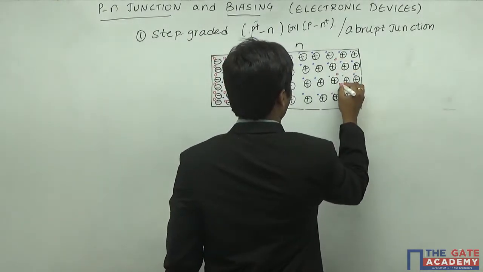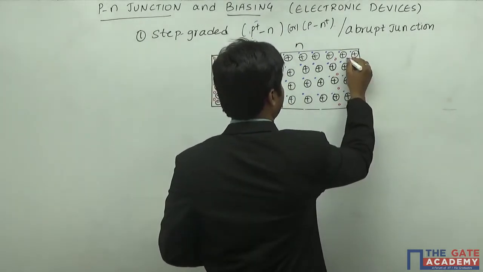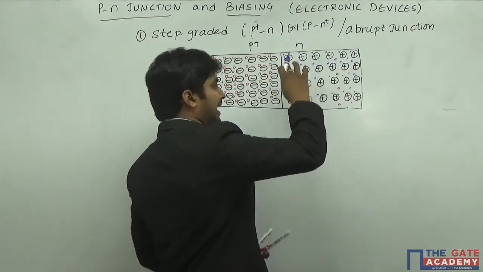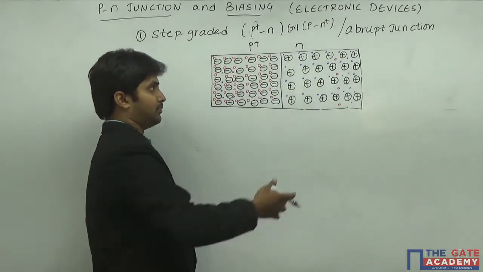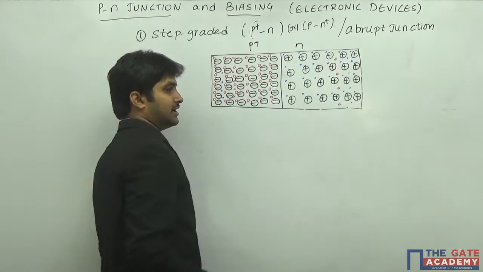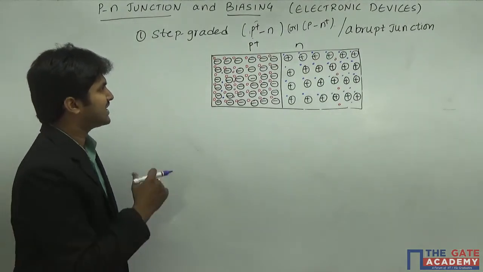That is why I am drawing an equal number of electron and hole pairs. Whereas the other electrons that I am showing here are nothing but because of the dopants. The minority carriers and the extra majority carriers that I am drawing are because of the breakage of the covalent bonds. So that is the case here.